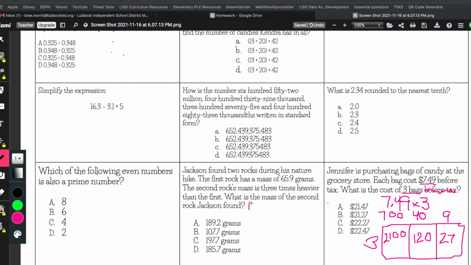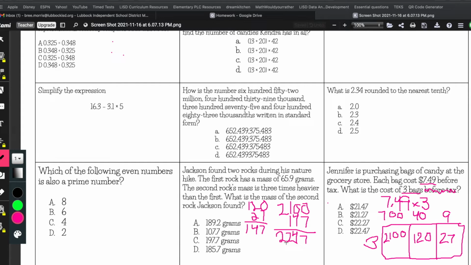120 plus 27 gives us 147. Okay, we're going to add this to 2,100, which gives us 2,247.